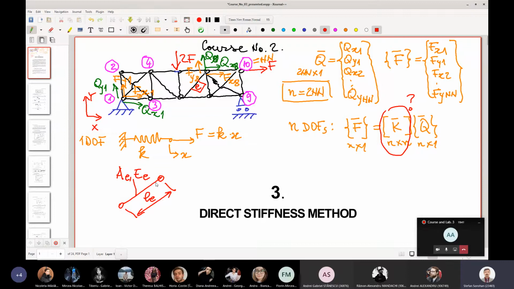So the end nodes of this particular element will be noted with I and J. Generally the end nodes will be I and J, but sometimes in the book, Professor Radesh used 1 and 2 instead of I and J. Those are not different nodes, it's just that instead of I, sometimes it is 1, and instead of J, sometimes it is 2. At the lab, you will see only capital I and capital J, the ends of the bar.